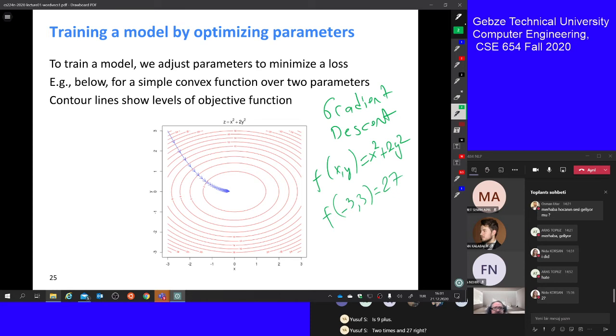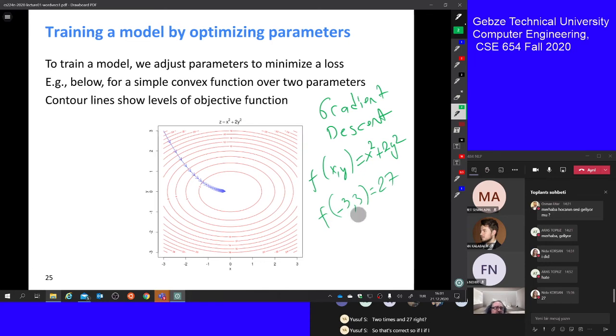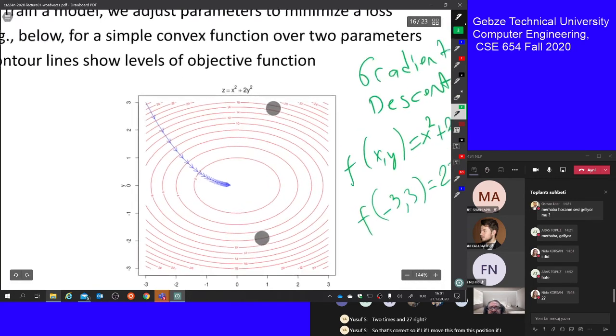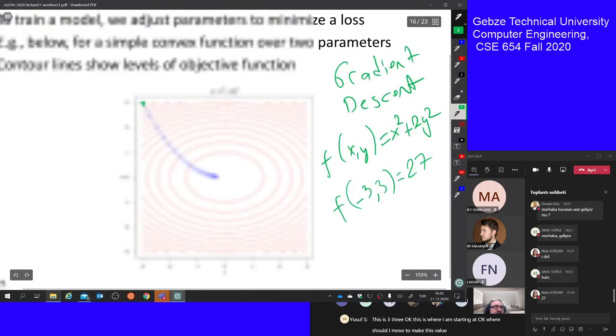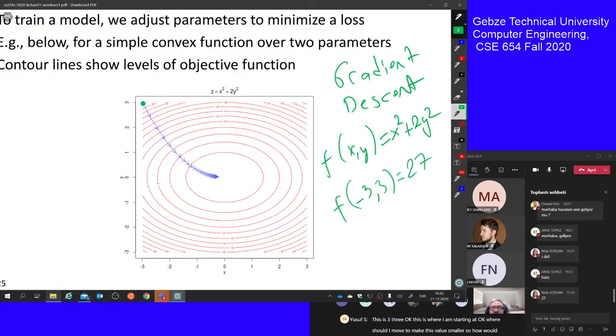So that's correct. So if I move from this position, to the left, right, I don't know. This is (-3, 3). This is where I am starting at. Where should I move to make this value smaller? So how would you find the direction to move to make this value smaller?